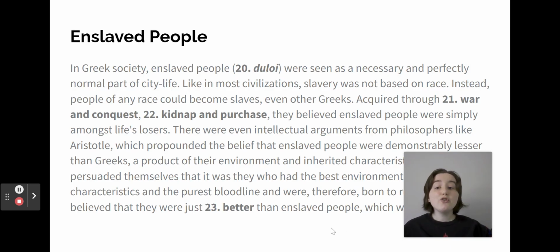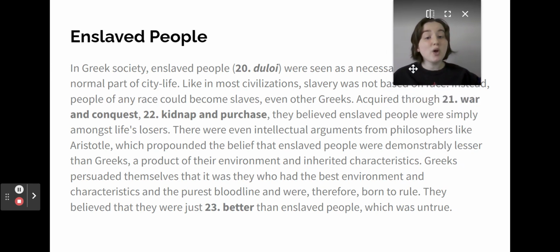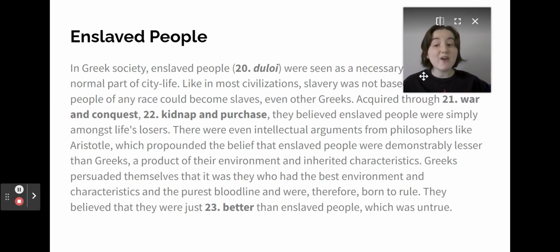So, acquired through war and conquest, or kidnap and purchase, they believed that enslaved people were simply amongst life's losers. There were even intellectual arguments from philosophers like Aristotle, which propounded the beliefs that enslaved people were demonstrably lesser than the Greeks, which were a product of their environment and inherited characteristics.